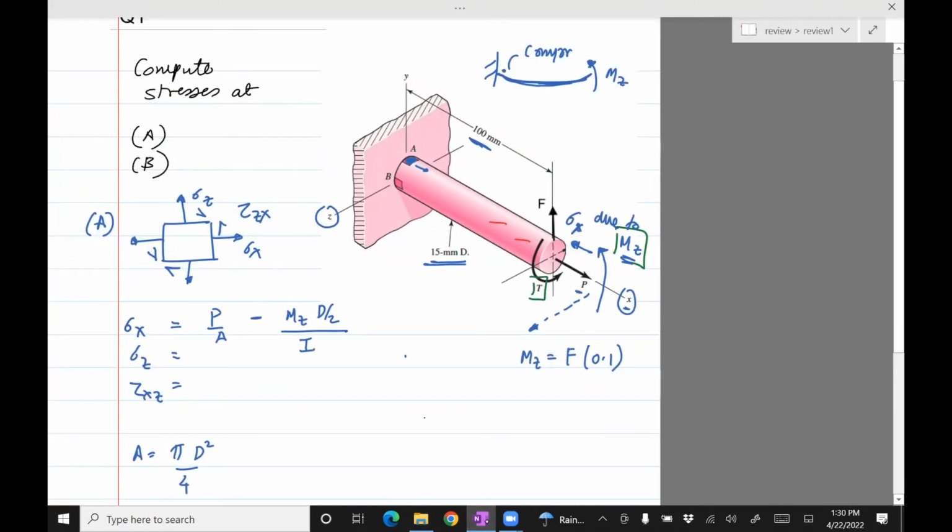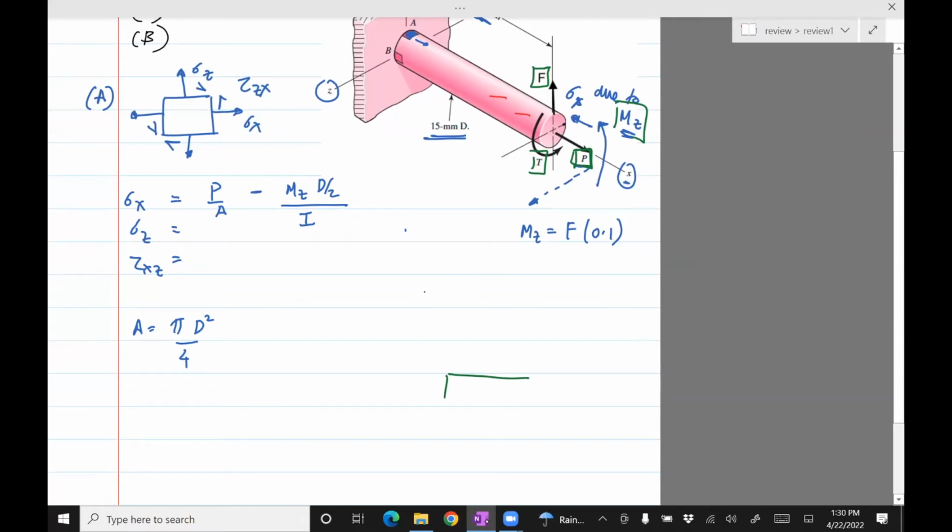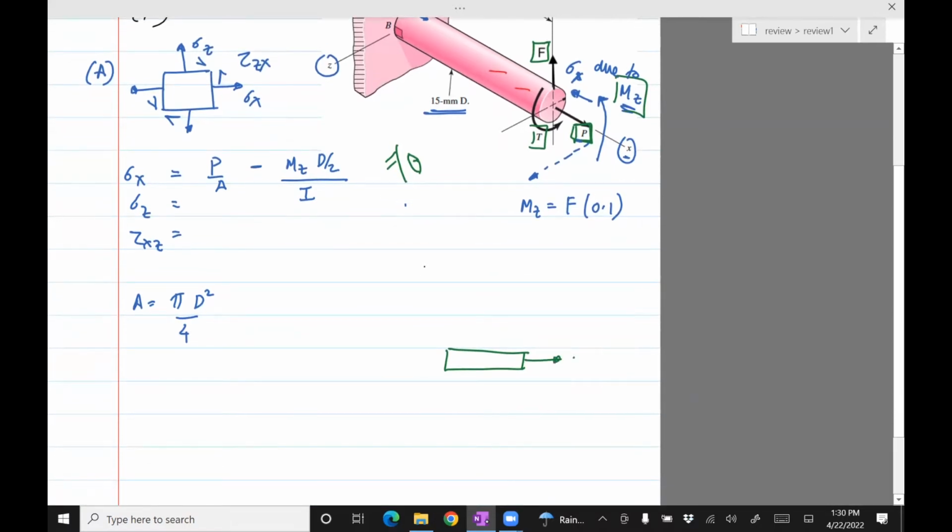Quick question. Can you explain why there's a negative? Because of this stress, let me draw it. This is a 2D side view. Looking at it from there, there's P, which causes a stress in the direction I've shown. Since it bends, this is the top part, it's under compression.